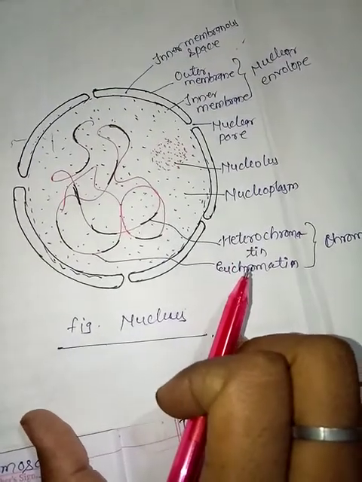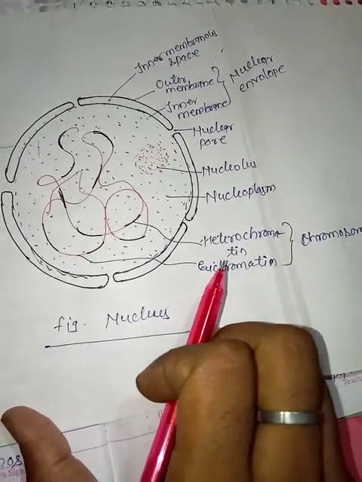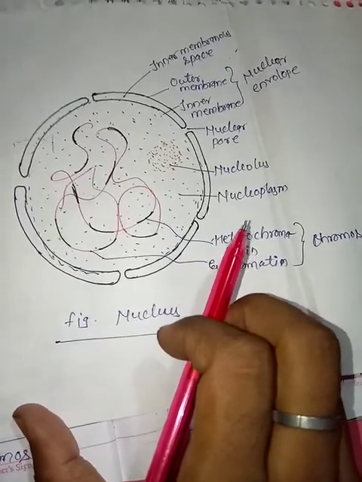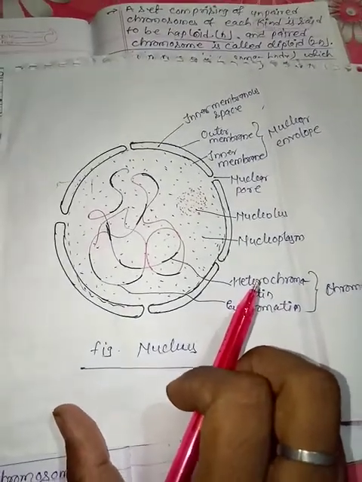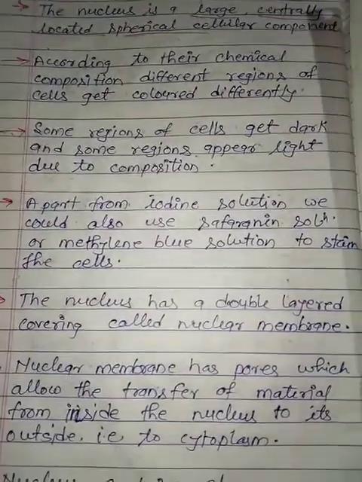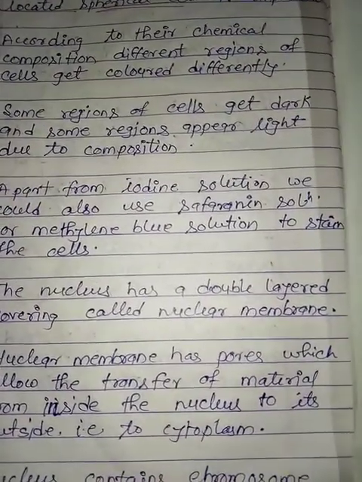Euchromatin participates in the formation of specific types of protein, which take part in all the processes of the cell. Jointly these two make up the chromosome, the general structure of the nucleus. We discussed that the nucleus has a double layered outer layer and inner layer.